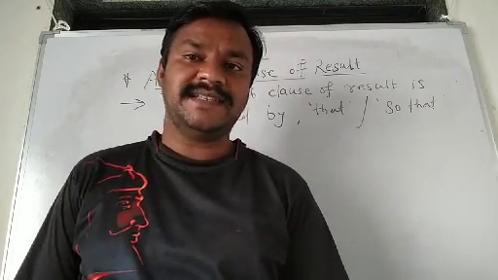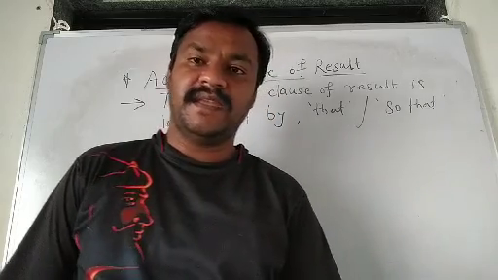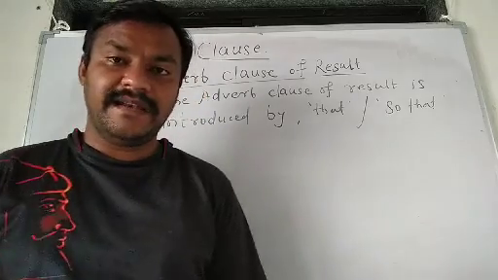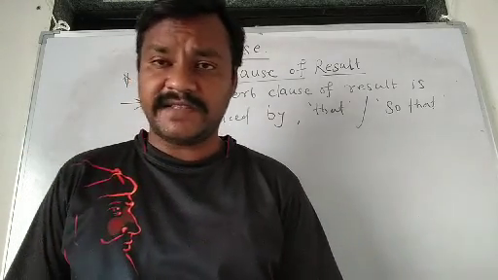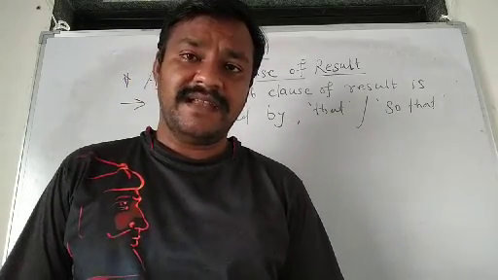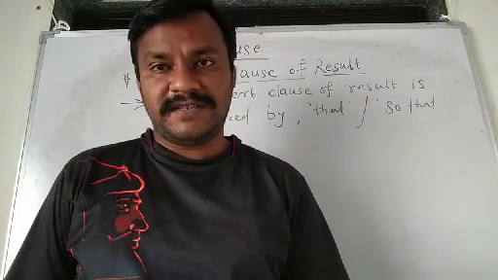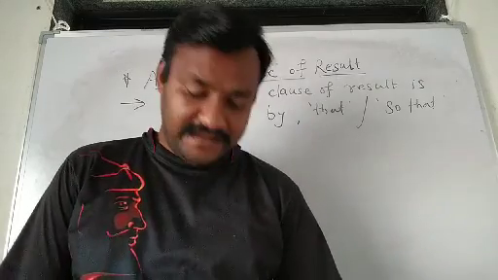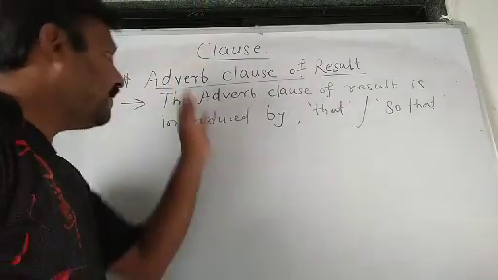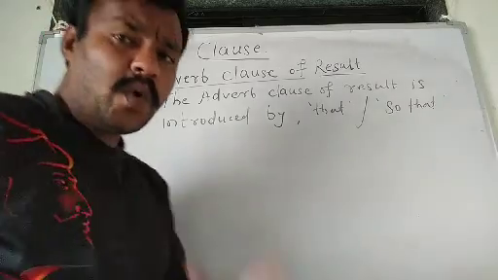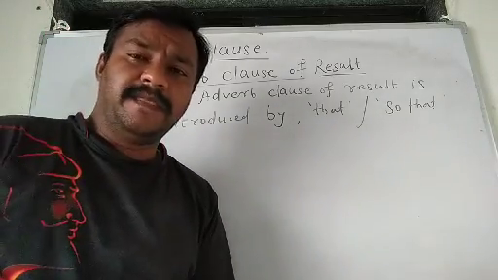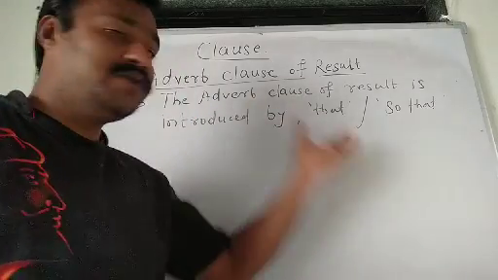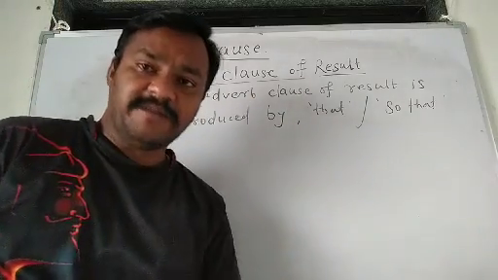Before that we discussed purpose of the action, before that reason of the action, then place of the action, time of the action. These kinds of adverb clauses give more information about the verb only, isn't it? So keep in your mind, adverb clause of result is used for showing the result of the action.